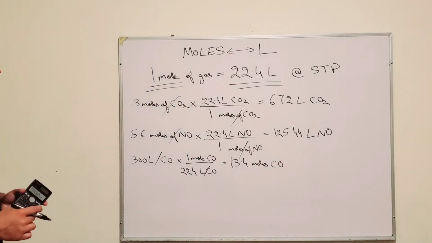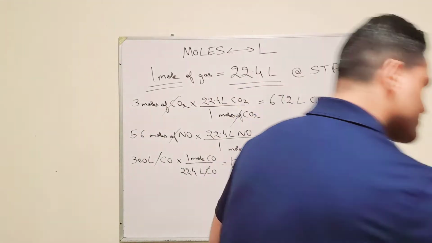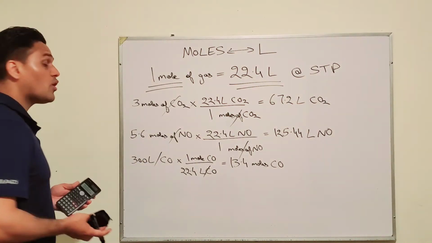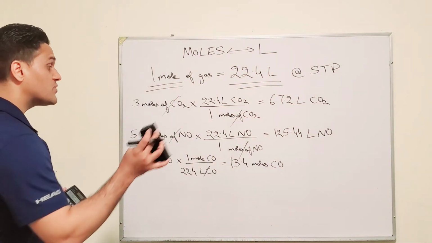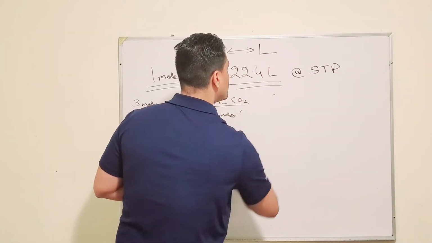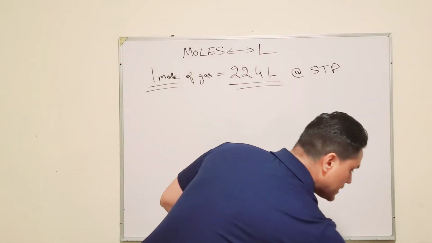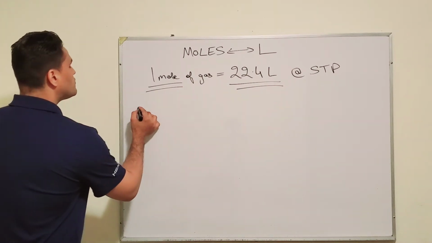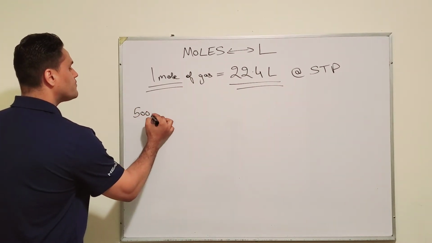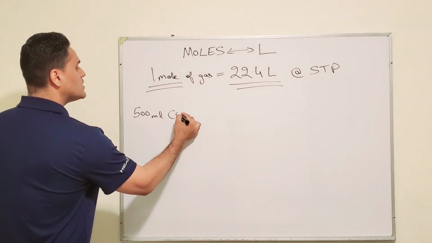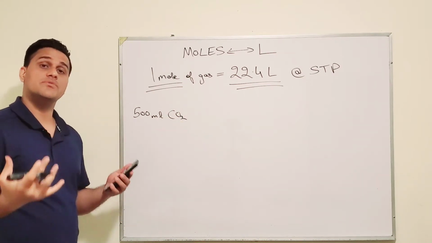Okay? So in the next example, I'm going to give you your volume in ml and I'm going to ask you to convert it to moles. So let's say we have 500 ml of CO2 and I'm asking you to convert it to moles.